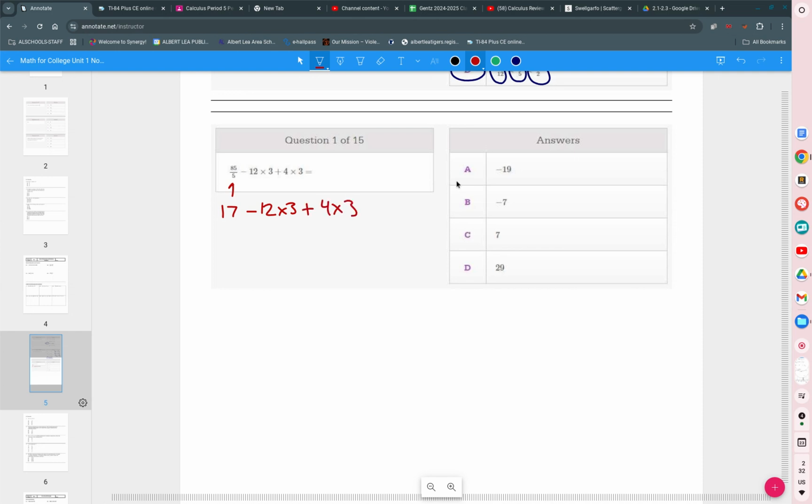So I did my division, and now I'm going to go ahead and do my multiplication, which is 36, and my other multiplication, which is 12. Now I do addition and subtraction left to right, so you do not do addition first. You do your subtraction first, left to right, and we get negative 19 plus 12, and negative 19 plus 12 is negative 7. And that's it.